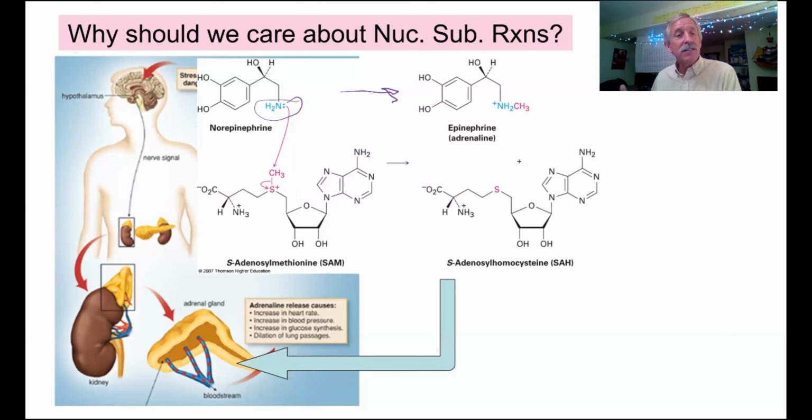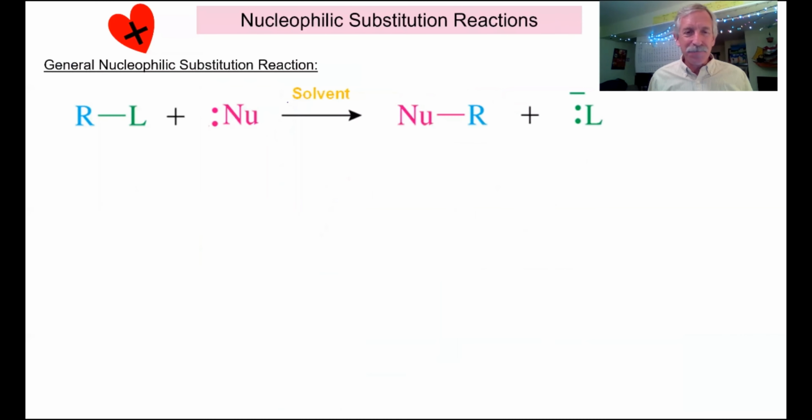The methyl had to lose a bond to the sulfur so that I could have the methyl on my norepinephrine, and that would change it into epinephrine. Chemical nucleophilic substitution, an organic reaction, happening in my body right now. Okay, so there are lots of other ones like this taking place in our body because we are organic beings, and this is just one of many, so I thought I'd show it to you.